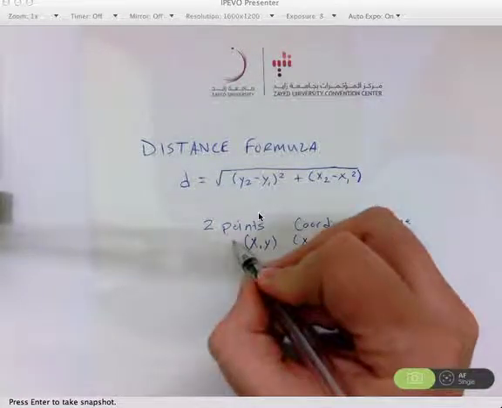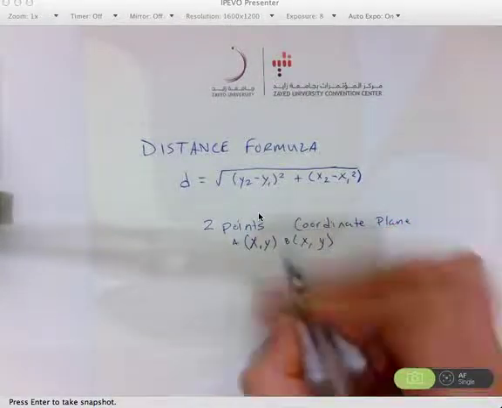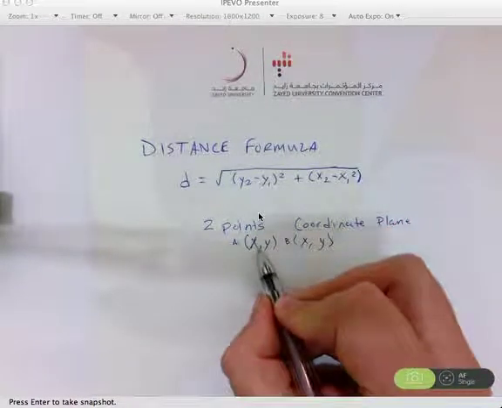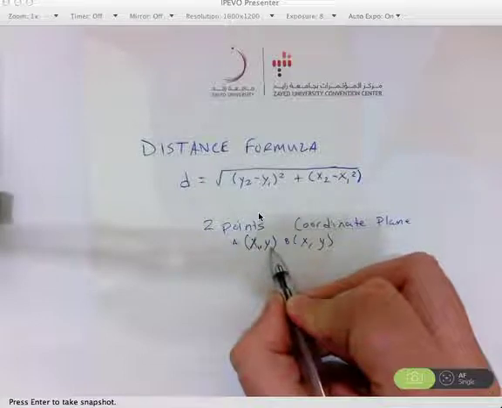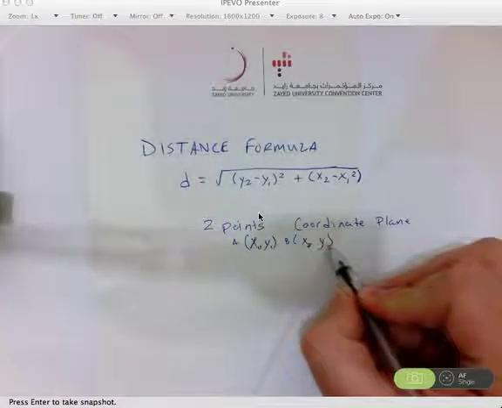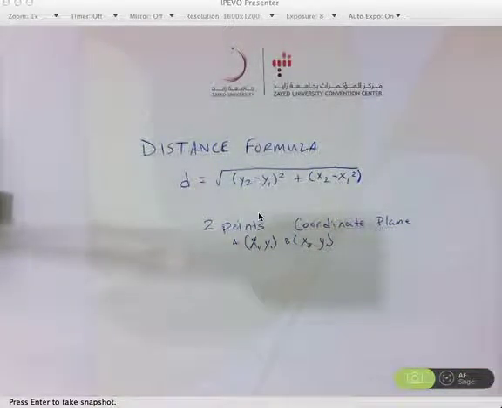If this is point A and point B, for example, I just try to remember that if this point is x1, this one has to be y1. If this is x2, this has to be y2. They go together. This helps us keep track of which order we're going to do the subtraction in.